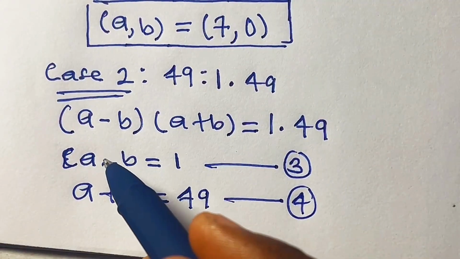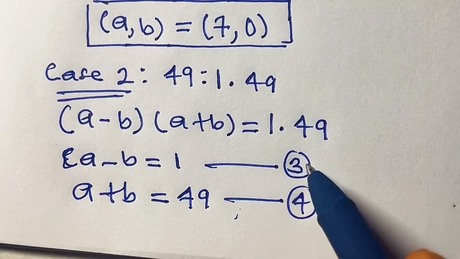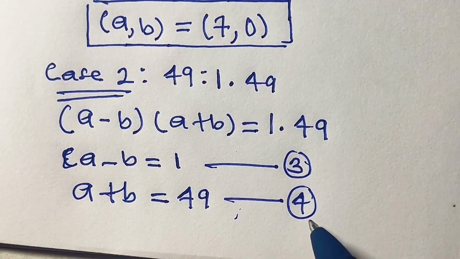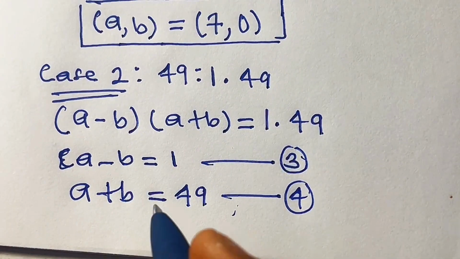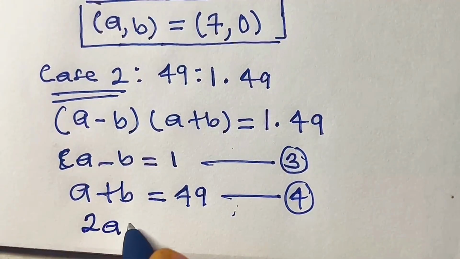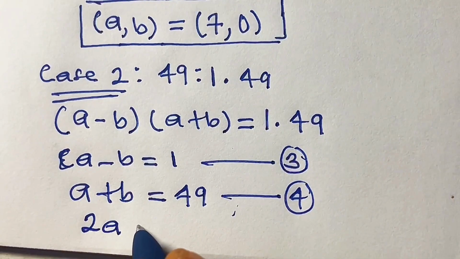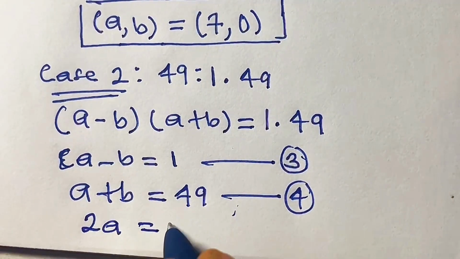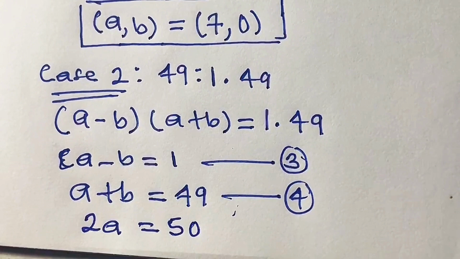Also, to obtain our a and b in this case, we can easily add equation 3 and equation 4. So if we add equation 3 and 4, we have a plus a, we have 2a, minus b plus b, that's 0. Then we have 1 plus 49, that is 50.